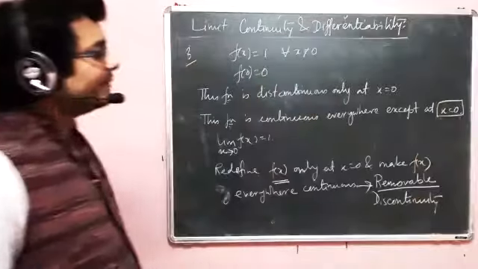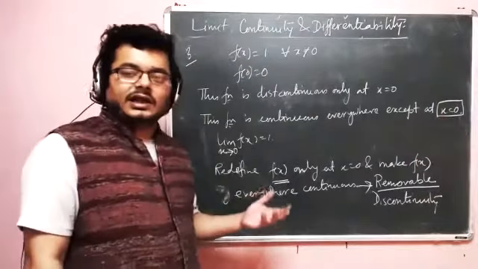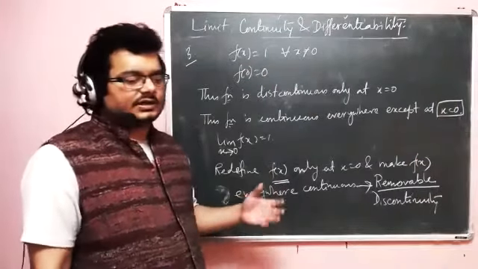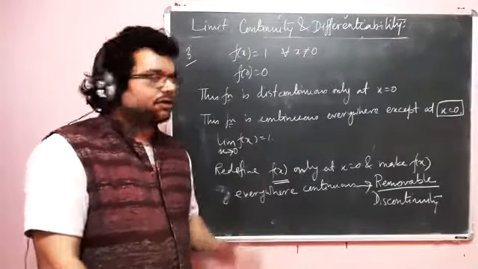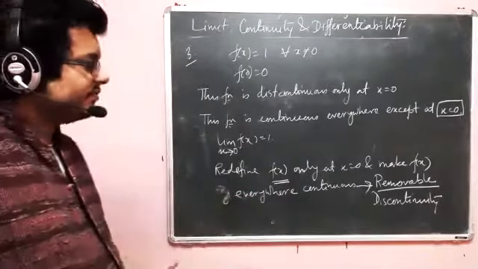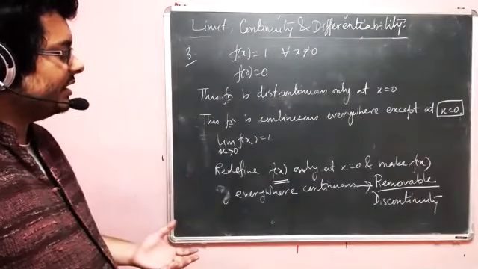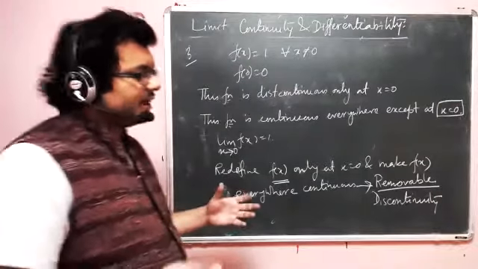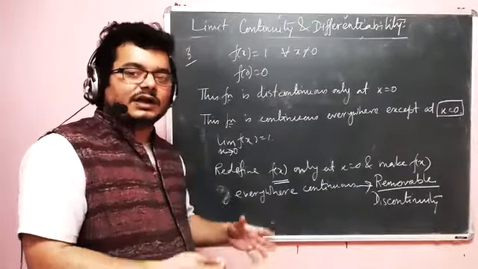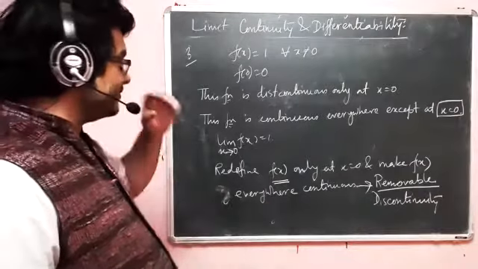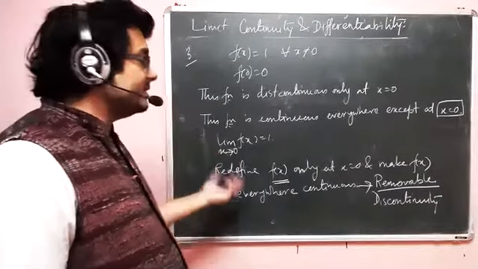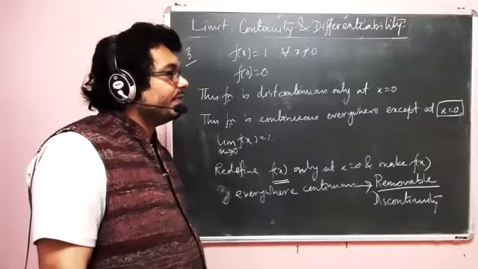Okay. So that means a removable discontinuity can allow us to change the value of a function at a small number of points, few points, not only one point. In that case, I can call it a removable discontinuity. But otherwise, if I have to change the whole characteristics of the function, then obviously it will not be removable.